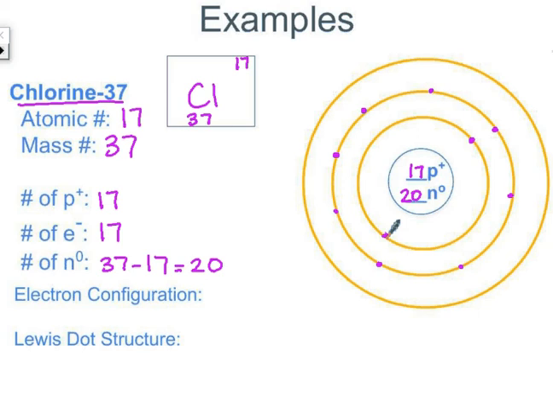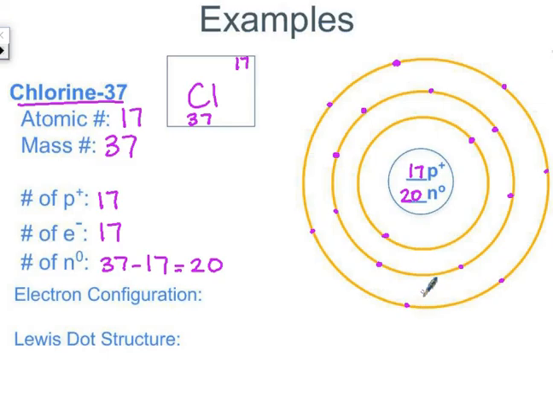But have I used them all? No, I need 17, but this seat is full. So where do I have to go? I have to bump up to the next one. So I put 1, 2, 3, 4, 5, 6, and 7. Now I have 17 electrons, 2 in the first one, 8 in the second one, and 7 in the last one, making a total of 17.